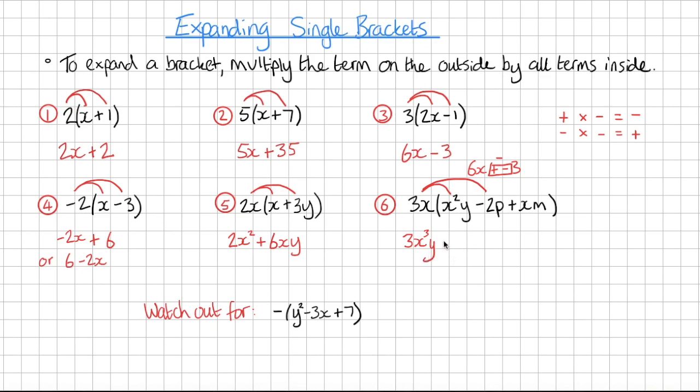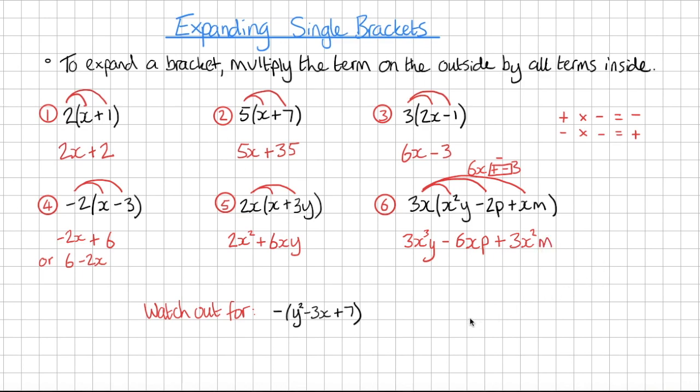So 1 positive and 1 negative is going to give us a negative. 3 multiplied by 2 is 6. And then we have got x, which is being multiplied by p, so we just write them next to each other. And then the last one here, we've got 3x being multiplied by xm. So that's going to give me a positive 3x squared m.